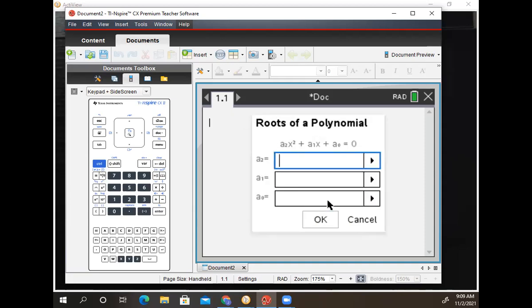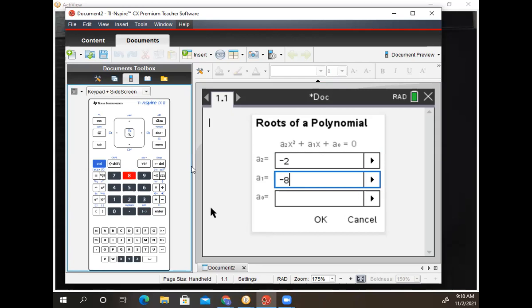Then I'm going to hit OK. And the only thing I need to type in here are the coefficients for my terms. So it gives me A2 and then x squared. This first box is going to be whatever my lead coefficient is, the coefficient for x squared. For this problem, that's -2, so I'm going to type in -2. And then A1 is the coefficient for my x term, which was -8 for this problem.